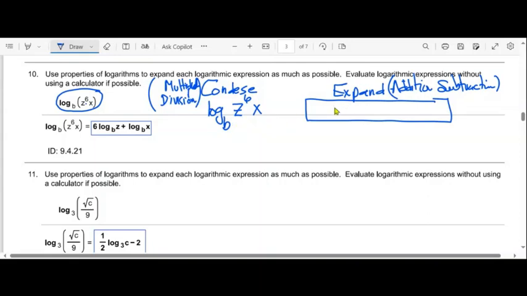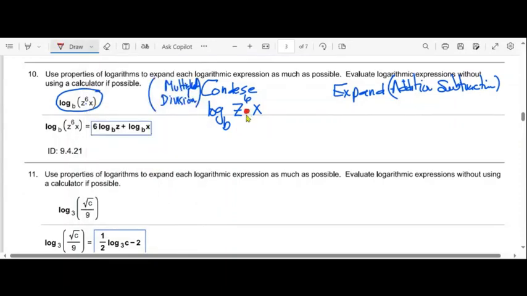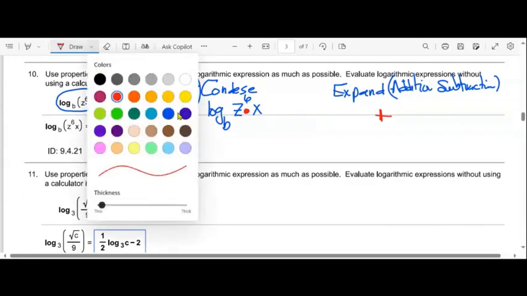To expand this, I'm going to distribute the log twice. Since this is multiplication, when you expand it, you convert the multiplication to addition. And if it was division, it would become subtraction.